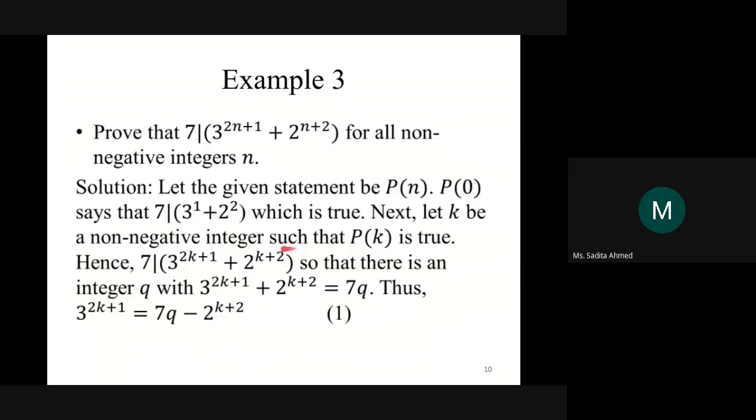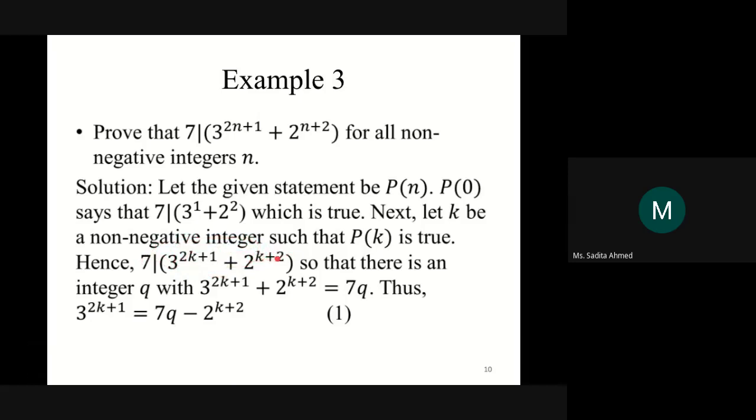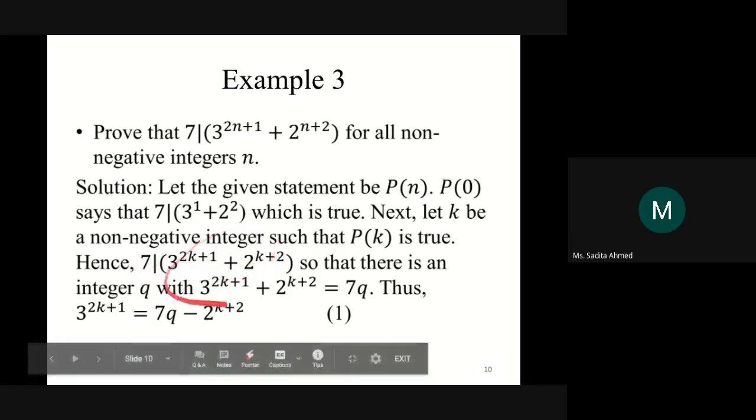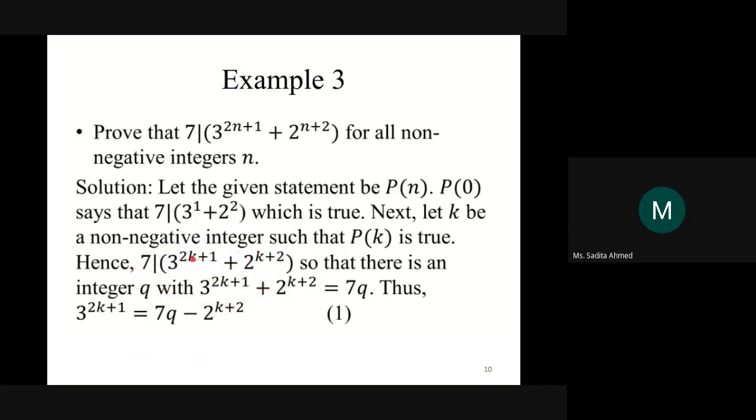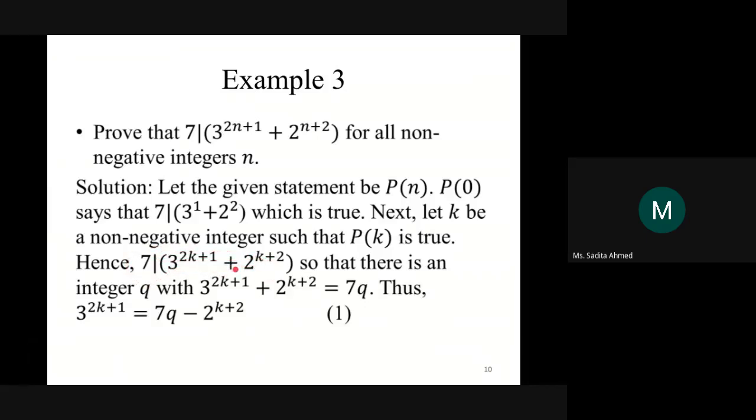Based on the assumption, we can say that 7 divides this term, can we not? If Pk is true, what does it mean? It means that 7 divides this term, 3 to the power of 2k plus 1 plus 2 to the power of k plus 2. And if 7 divides this term, the result will be some integer.